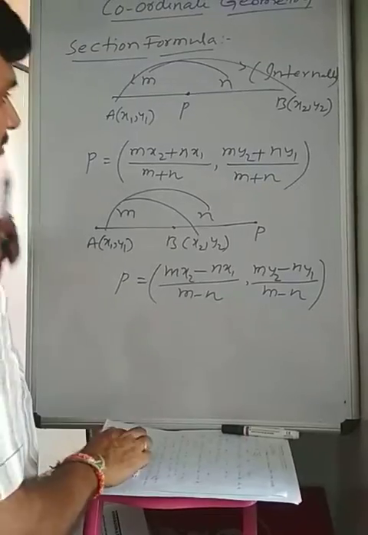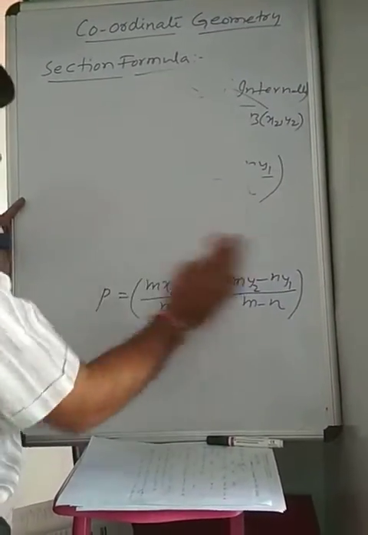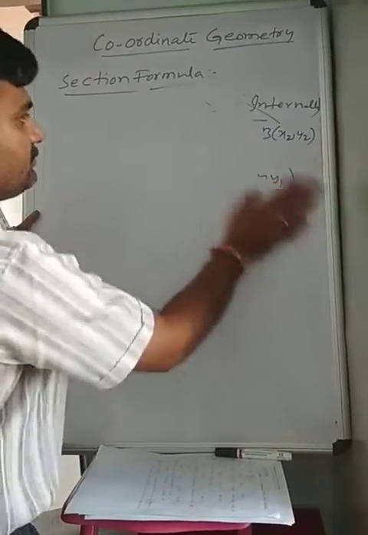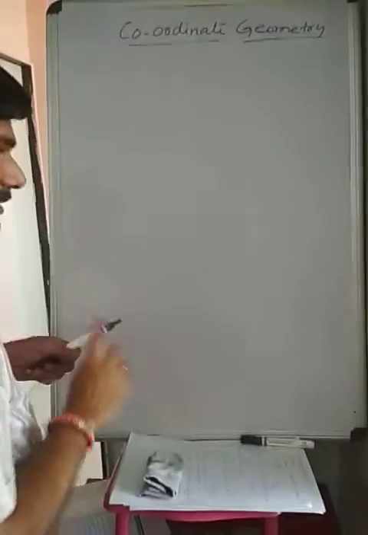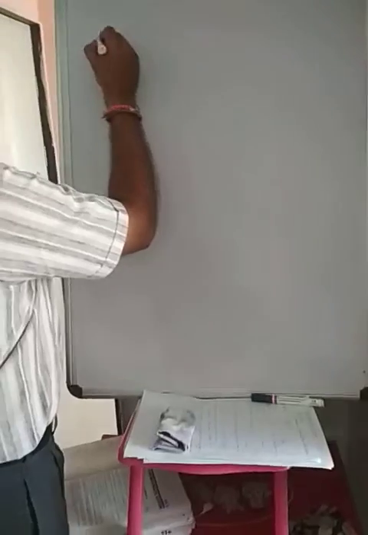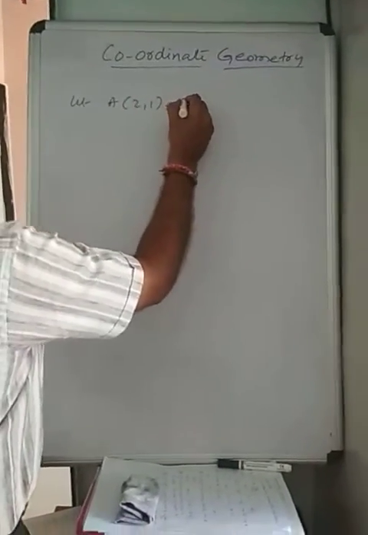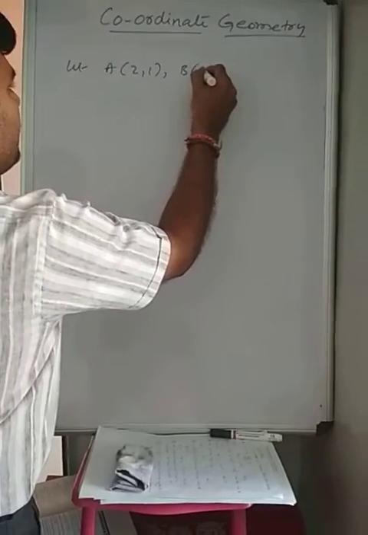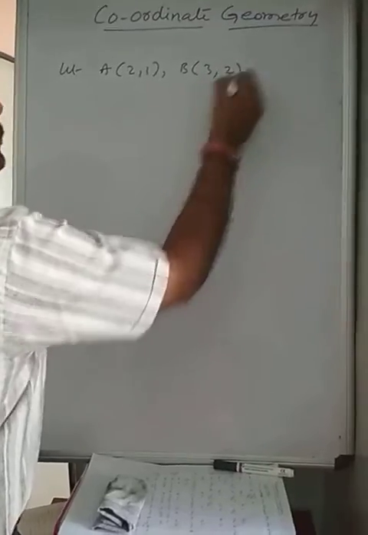Let us see one problem based on the section formula. Let A be (2, 1) and B be (3, 2).